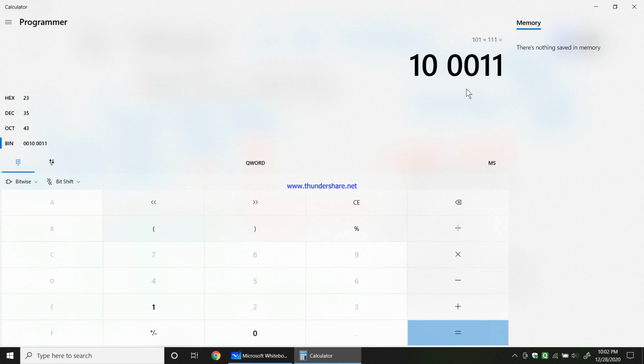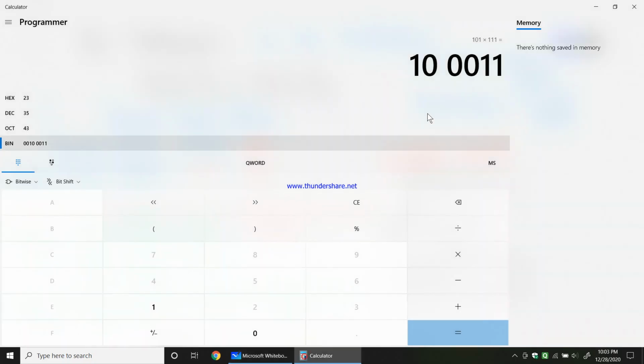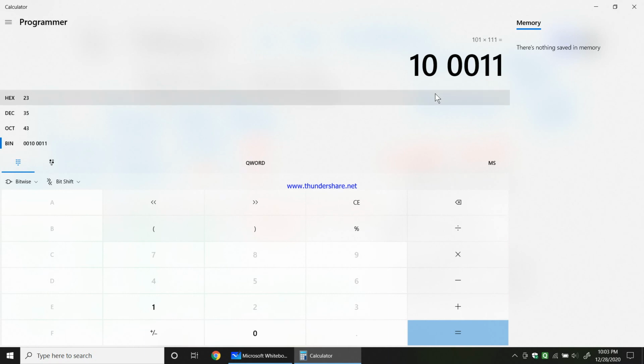I got 1000011. If you see here, 1000011. I hope the result is correct. You can also do this in your personal calculators. I'm just doing it in the system calculator.